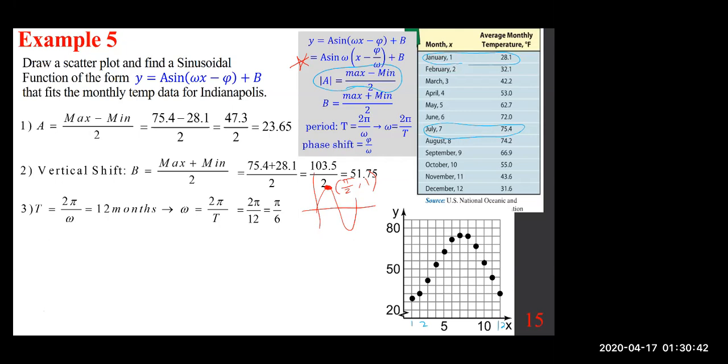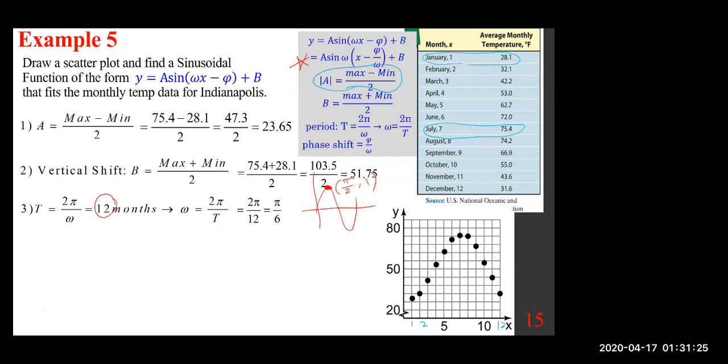If there is no shift, the maximum should occur at 12 divided by 4, which is month 3. Do you agree with that, everybody? Yes. Good. But the maximum occurs in the month of what? 7, doesn't it? So instead of month 3, it happens in month 7.